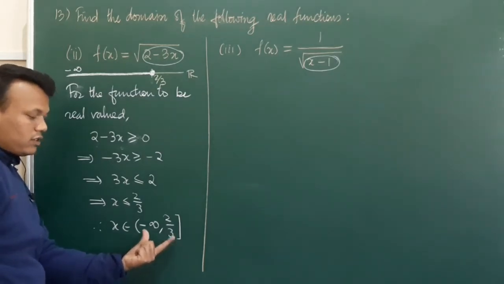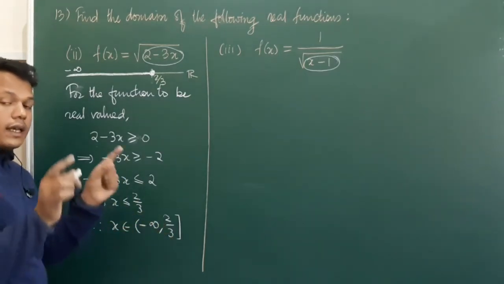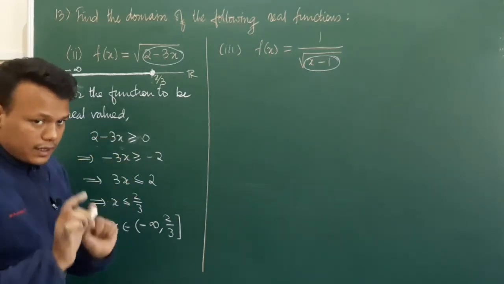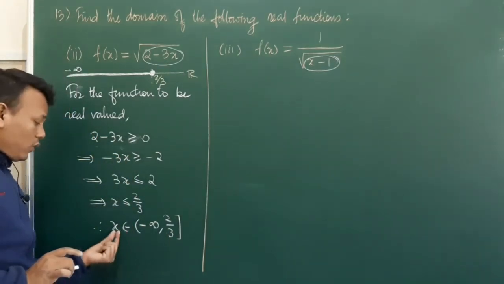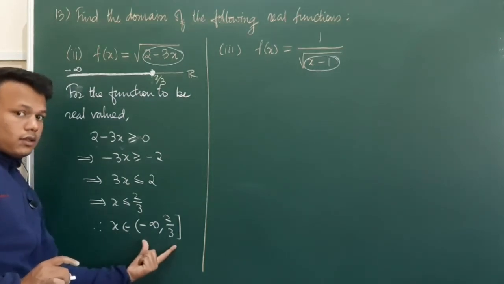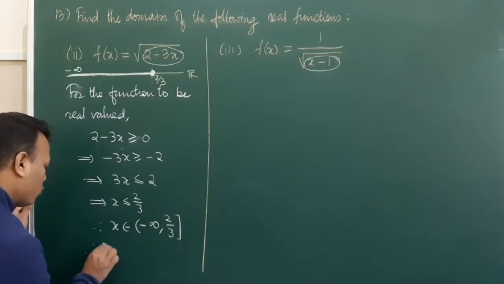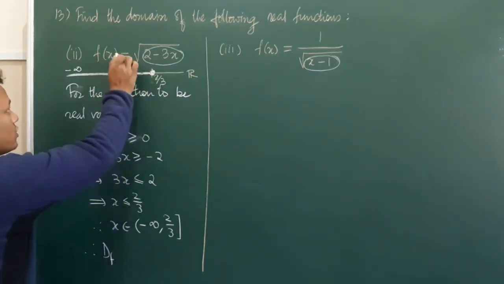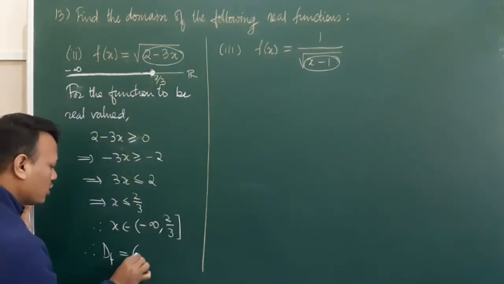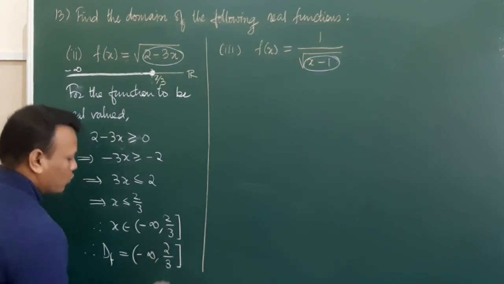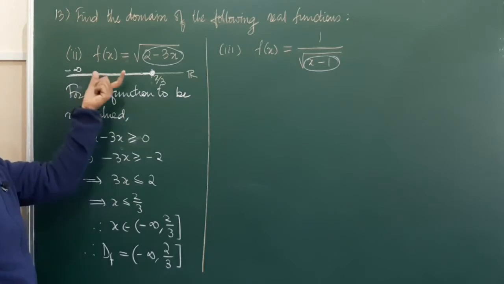This interval is also a set, as we know that intervals are subsets of the real line. So this becomes my domain. Therefore the domain for this function is minus infinity comma 2 by 3 closed.